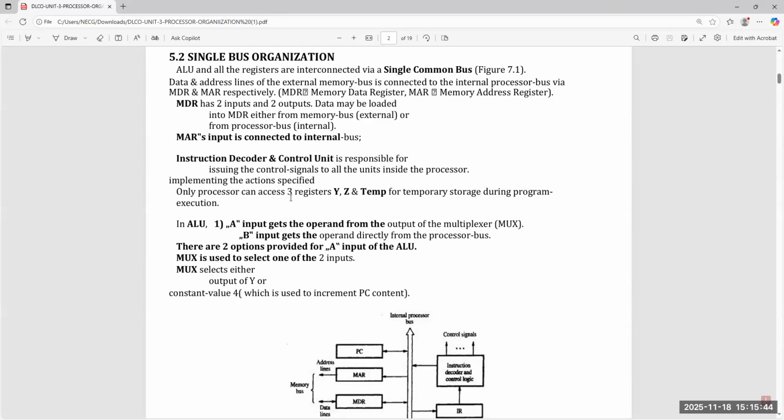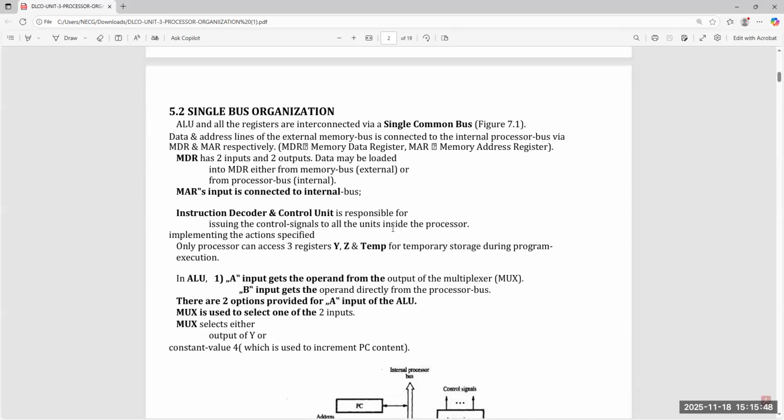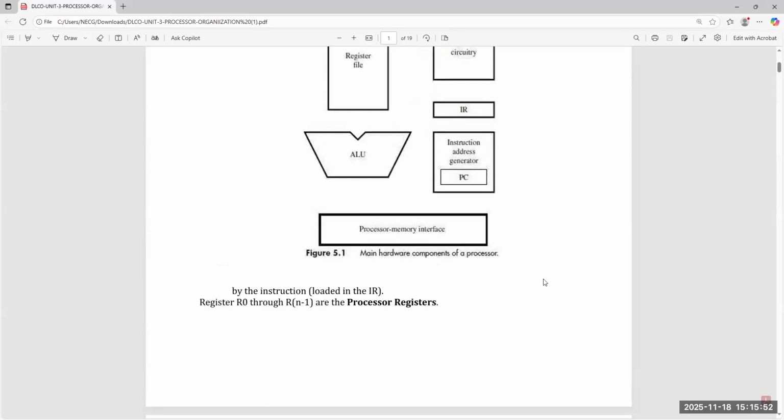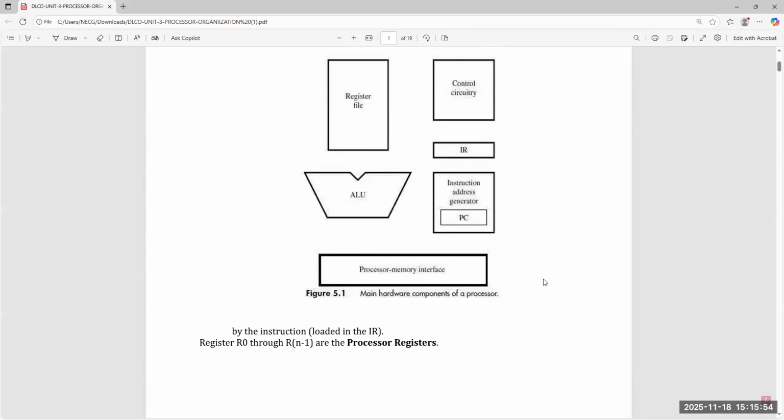Now, I already discussed that the processor has so many hardware components. You look at this screen: register files, control circuitry, arithmetic logic unit, instruction registers, program counter, processor, memory interface, so many components are given.